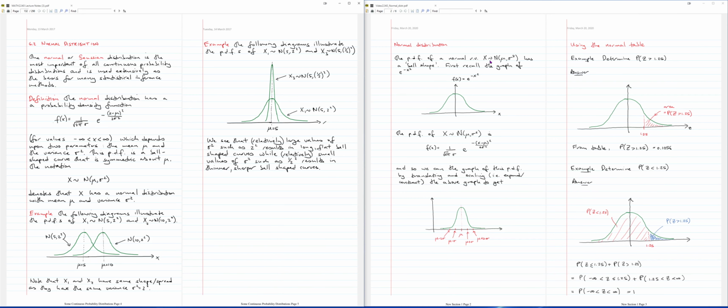In this general case, the mu over here is where your normal distribution is centered, and the sigma is giving you an idea of the dispersion about this mean. So mu plus sigma would be somewhere over here, and mu minus sigma would be over here.